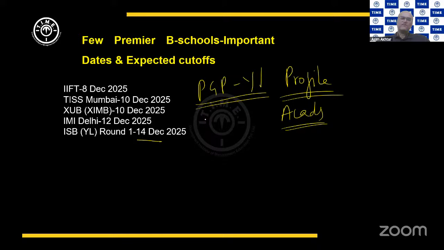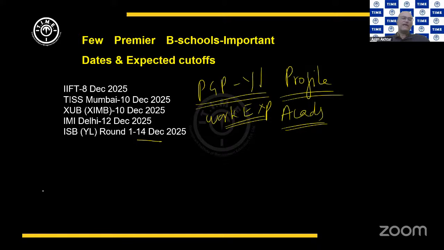Apart from that, work experience may also be given some weightage, though it's not a mandatory requirement. ISB also selects freshers, but work experience may get you small weightage as part of the profile. Then the achievements that you had in your life, both academic as well as extracurricular achievements, internships, all those will also have weightage in their selection process.